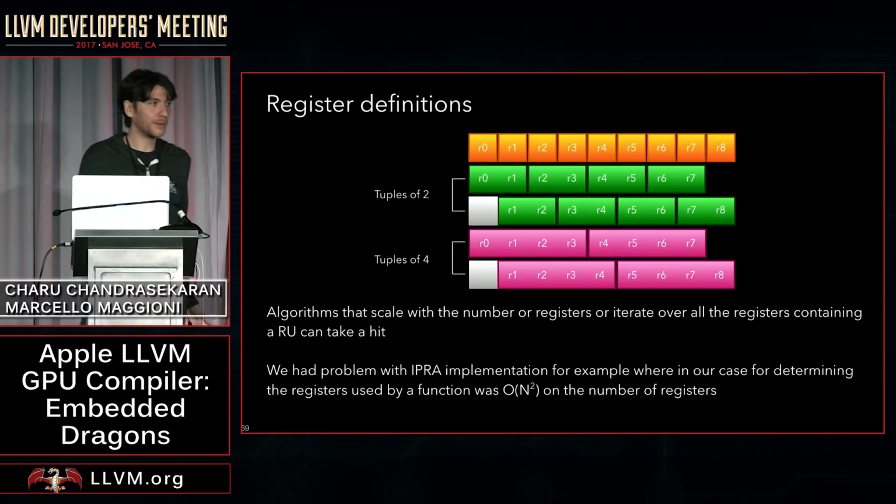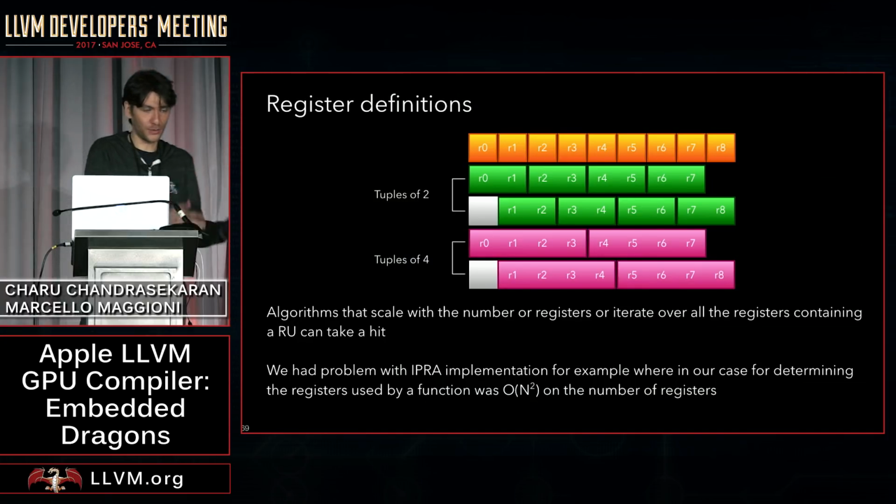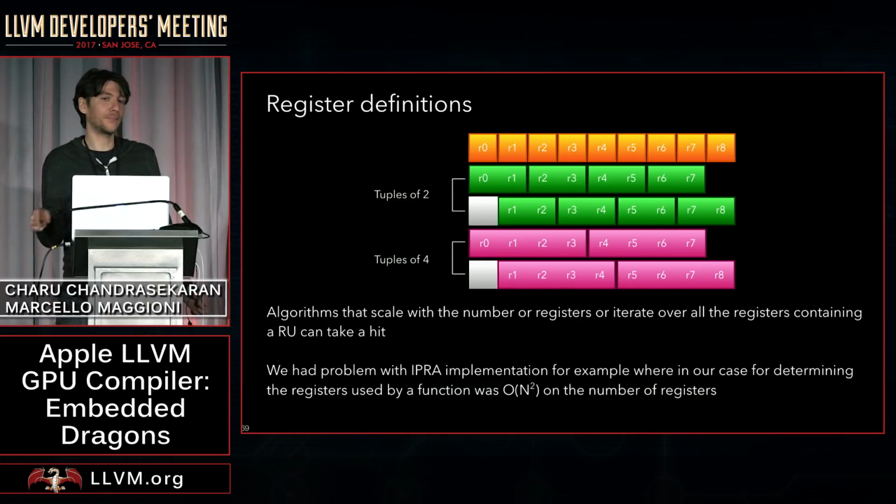For example, we had a problem with the original IPRA implementation. Determining which registers a function is using, which is one of the steps of IPRA, was iterating over all the registers and trying to find a register using the same register units as the register it was checking. If it found one, it marked that register as used.